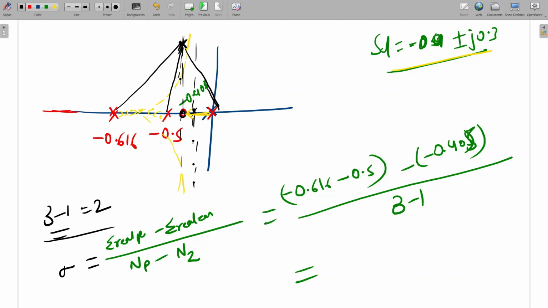So the x-axis is 0.4. From 0, for minus 0.4 plus j0.3, how much will this length be? That will be 0.5, correct?